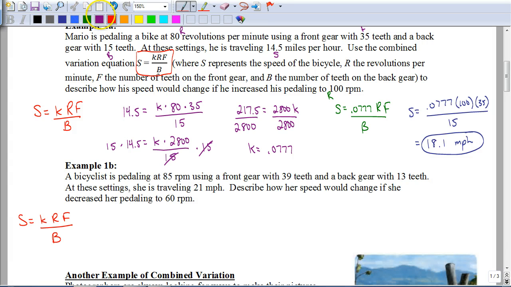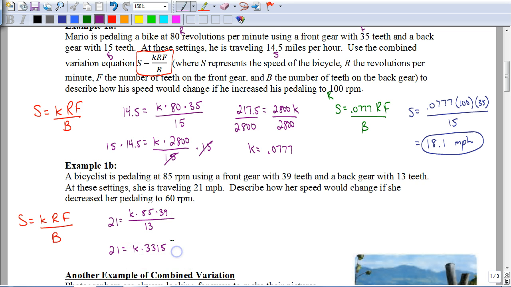Okay, so here's what you should have done. You should have taken and plugged in our information here with our speed being 21 miles per hour equals K times 85 times 39, all divided by 13. If I simplified the numerator, I'd have K times 3,315.